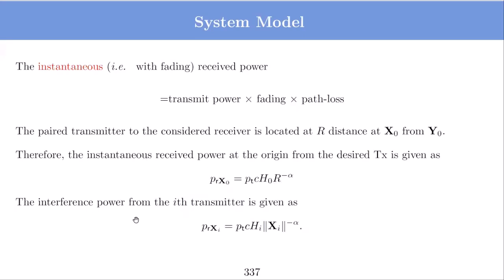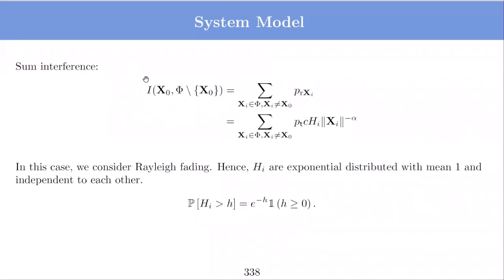Similarly, the interference power from the ith transmitter is given by PT c hi norm xi minus alpha. And the interference here would be given by summation over all those received powers, which are PT c hi xi minus alpha, right? And we particularly consider Rayleigh fading here. So in that case, these hi are exponentially distributed with mean 1, and they are independent of each other.